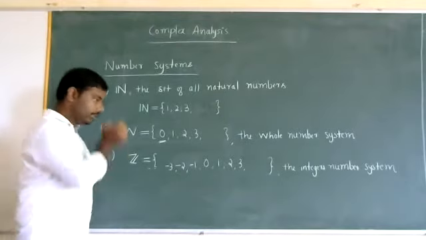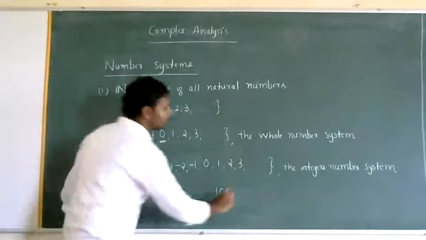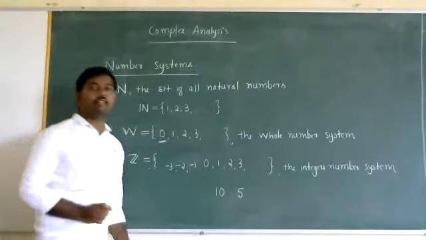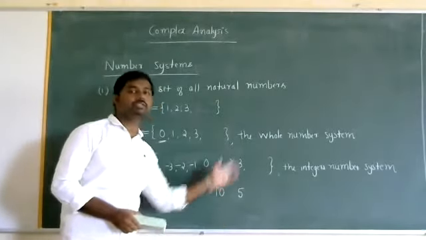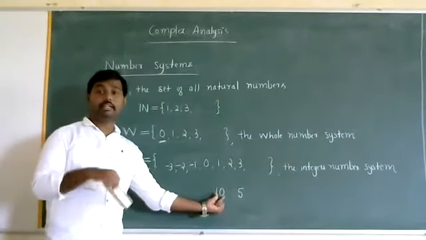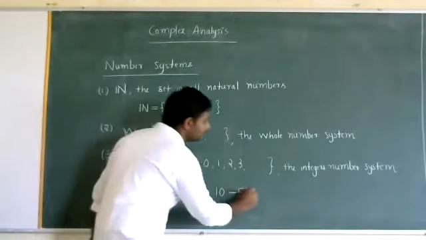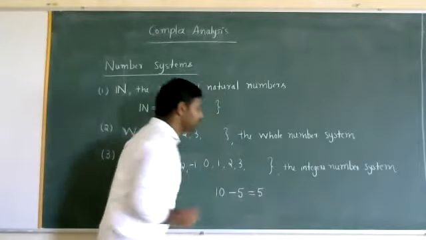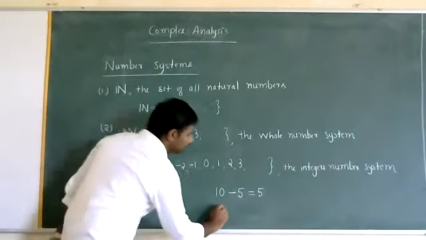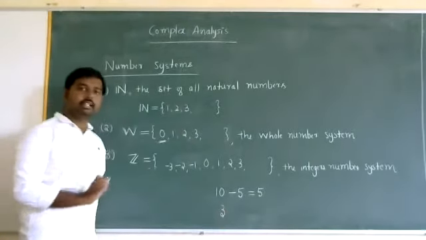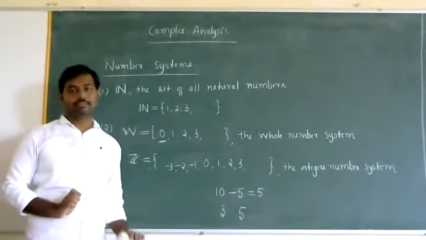Suppose I have 10 rupees and I want to purchase something of 5 rupees, so I have to give 5 rupees to the shopkeeper out of 10 rupees. So I subtract it. The remaining amount with me is 5 rupees, right? Suppose I have 3 rupees, but I have to buy the same thing of 5 rupees.